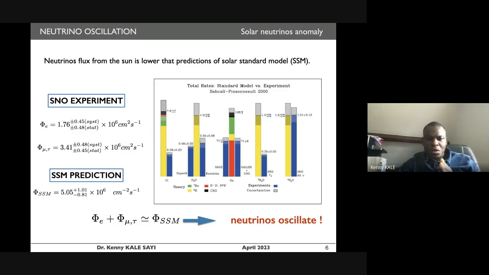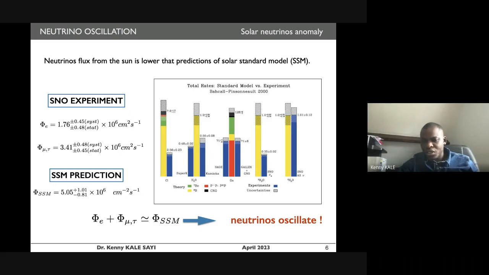In the first four groups of my picture here, you have experiments trying to count the neutrinos emitted from the sun. And in yellow, for each group, you have the prediction, okay? And as you can see, in the first 4 groups of histograms, the yellow one, the prediction, is always higher than the blue one, which are the experiments.